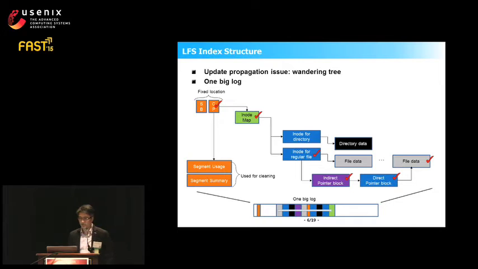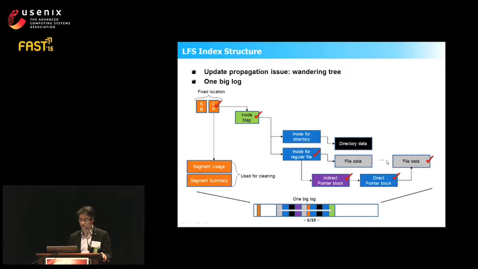I will revisit the LFS index structure to compare it with the F2FS index structure. First of all, it has a superblock and checkpoint, and it has an inode map structure, and inode, directory, file data, and all the pointer blocks are linked like this. These constitute a hierarchy of indirection.